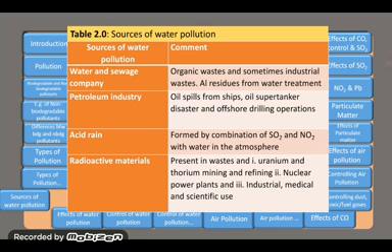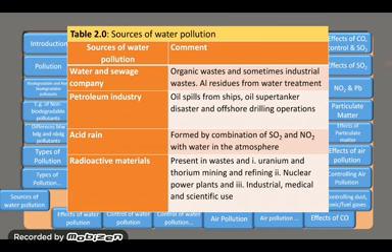Sources of water pollution. The table here gives us the various sources of water pollution and some things we can say about them. For the first one, water and sewage companies. We can have sewage in large quantity from companies or industries, in the form of organic waste and sometimes industrial waste.